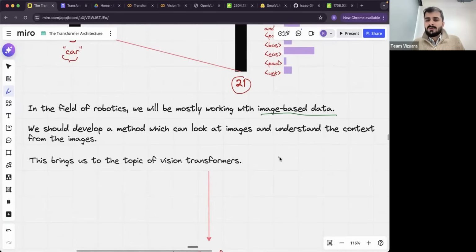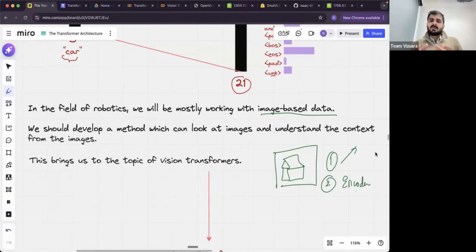So let's take an example. We want to perform a classification task. Let's say there is a painting which is drawn by a famous artist, and we want to identify who has drawn this painting. Now, the transformer decoder gives you the next token, so probably that's not ideal for this. That's the first thing we understand. The second thing is maybe the transformer encoder is ideal for this because it captures the information about that image.